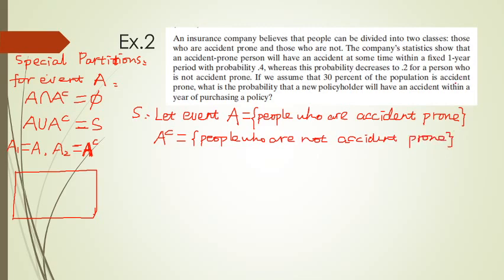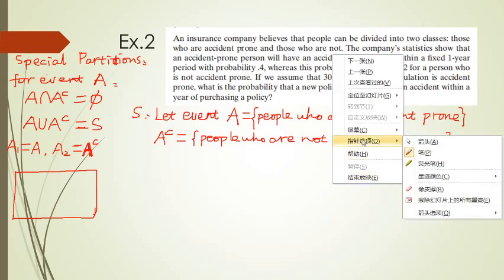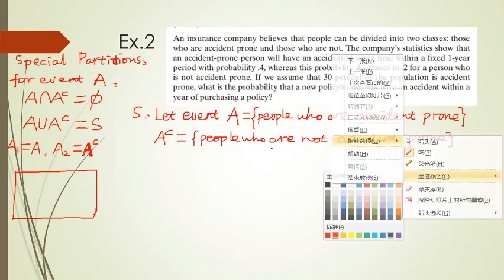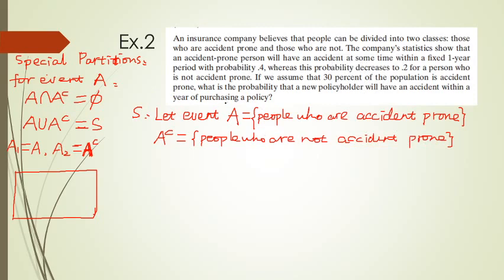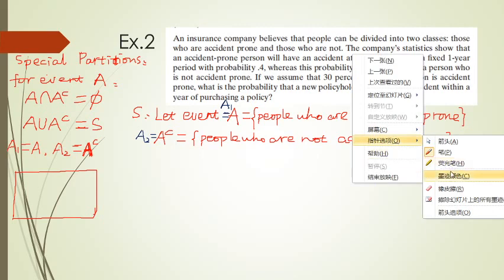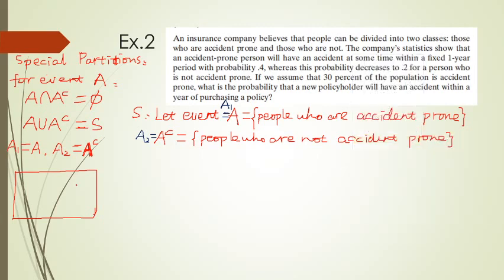And of course, you can take A and A's complement as A1 and A2, right? And here, if you understand the partition, there is no need to mention that they are partitions, because we already understand it. Now we are going to write the partition, and we're not so sure about the percentage.